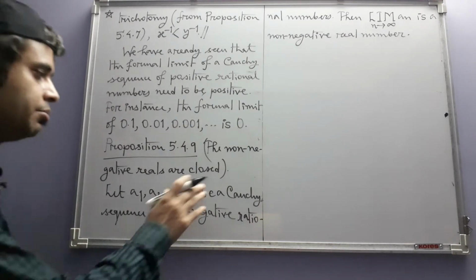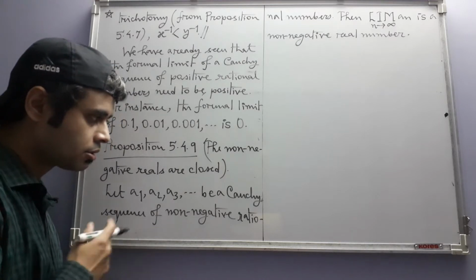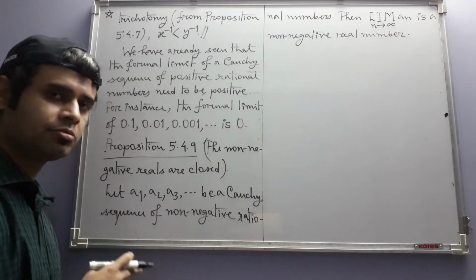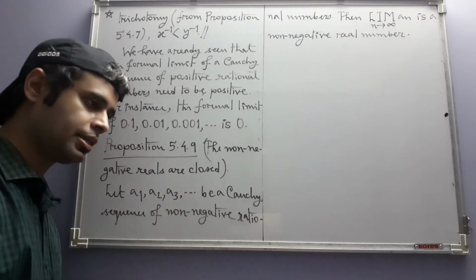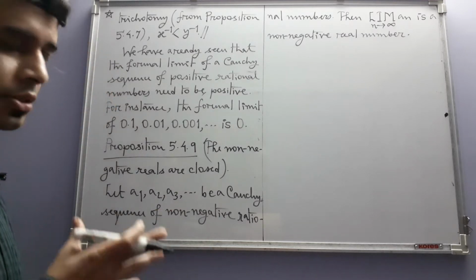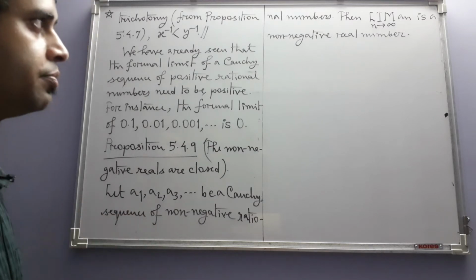Closedness roughly means that if we are considering only non-negative rational numbers, then we are trapped inside that non-negativity itself. So the system is closed. We are unable to go outside.